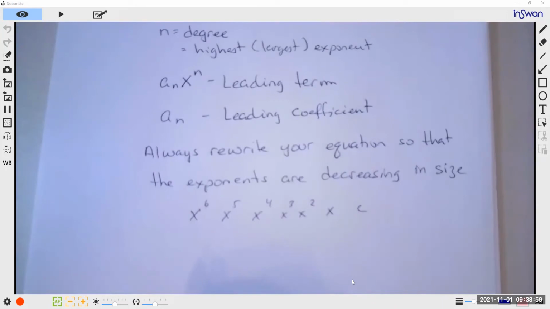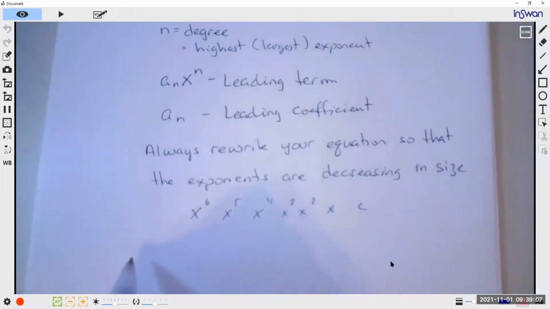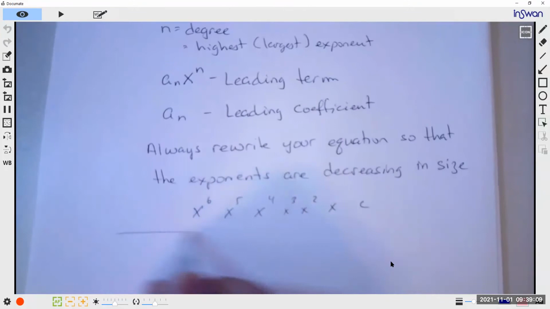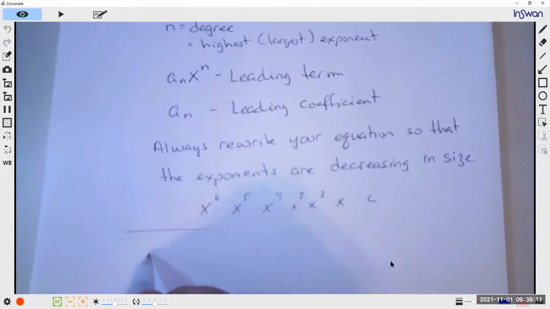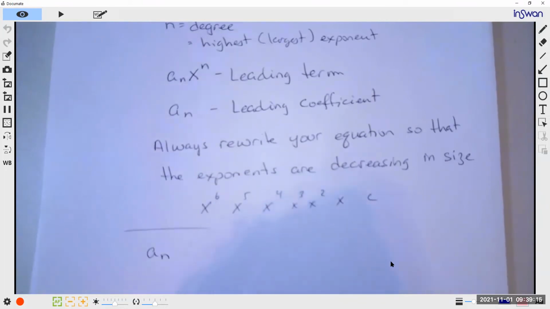All right. So let's see what else. Now, what does the leading coefficient tell us?